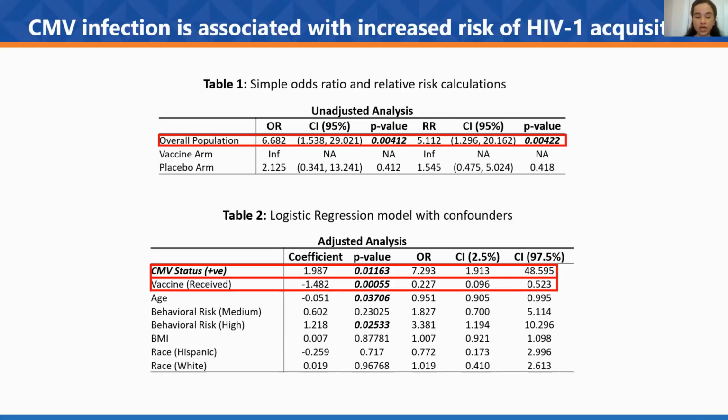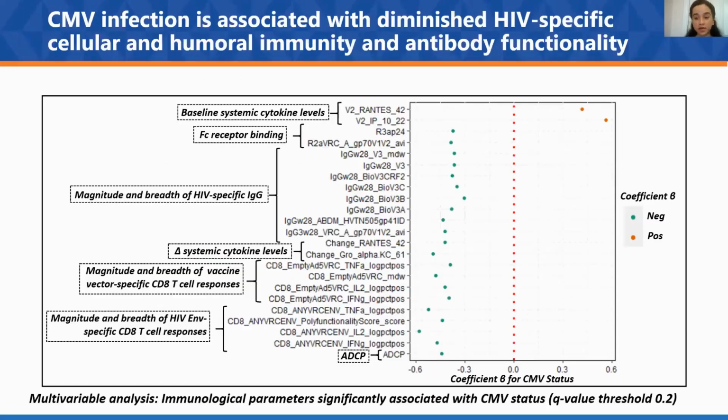Similarly, when we adjusted for a couple of confounders, which were the demographic confounders and the treatment or the vaccine itself, we found again the same relationship, where CMV positive people compared to CMV negative people had higher odds, or were at higher risk of acquiring HIV. So this was another analysis that we did.